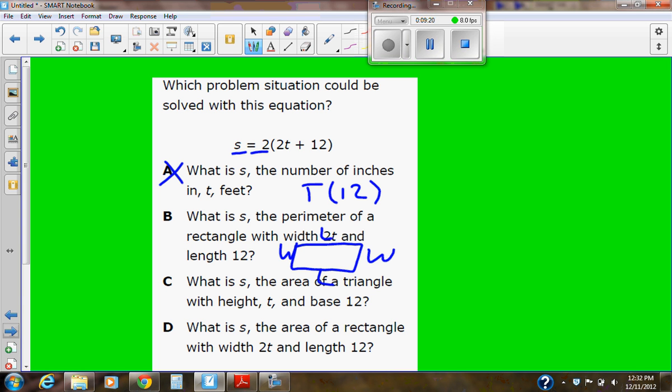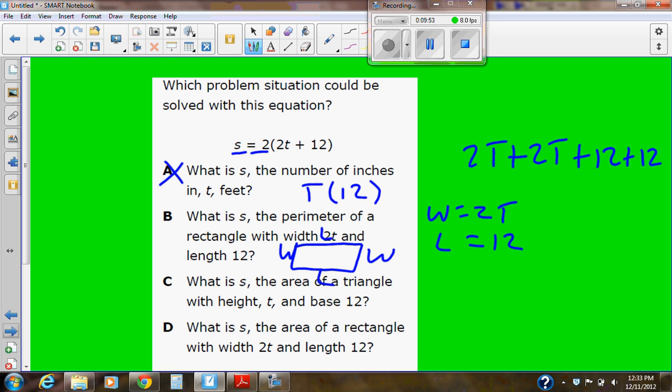So if S equals the perimeter of a rectangle with the width of 2t and the length of 12, that means if the width equals 2t and the length equals 12, and we're looking for a perimeter, and that's the distance all the way around, then we know that we would have to take 2t twice and 12 twice.